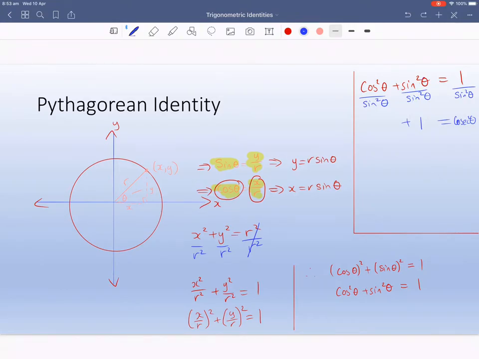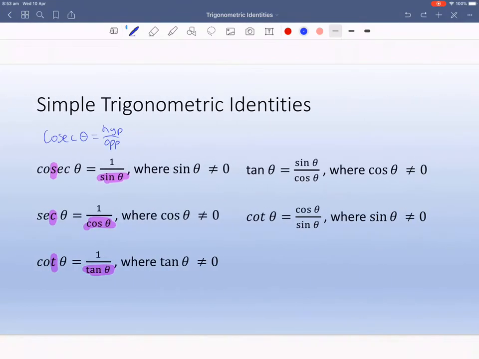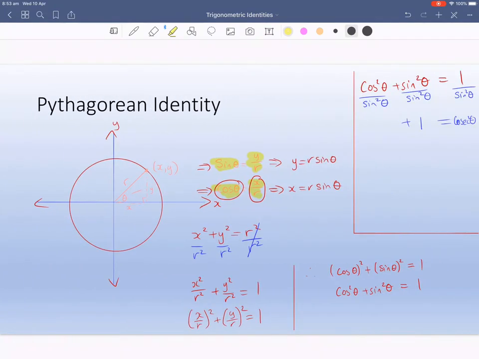And cos over sine, well, that's very similar. See how cos over sine is actually cot because it's the opposite of tan. So this one will be cot squared theta. Really important identity. Okay. And then from here, we can actually manipulate it.